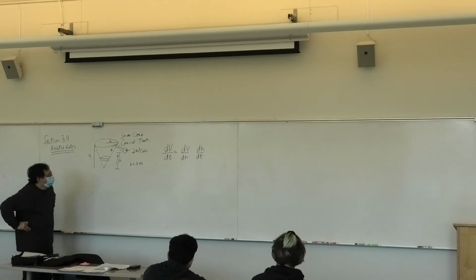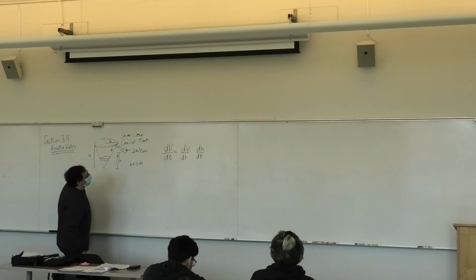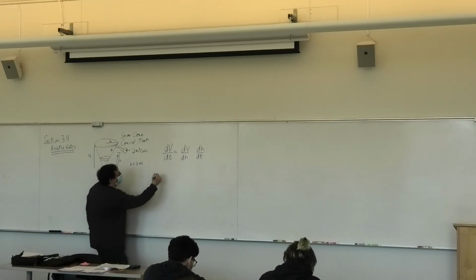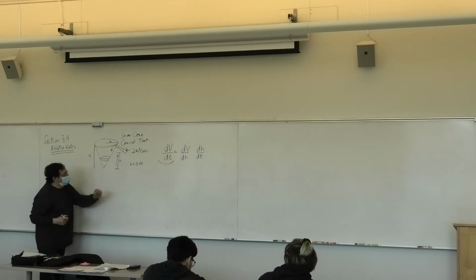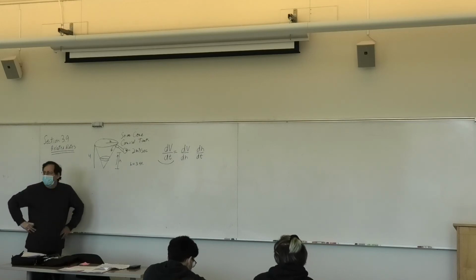Okay? I mean, those seem to be the rates we're dealing with. How fast the height is going, what the volume is. So this part, what about dV/dt, the volume inside the cone? Where does that come from?